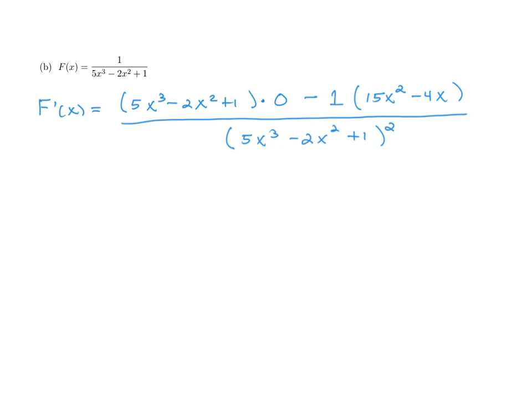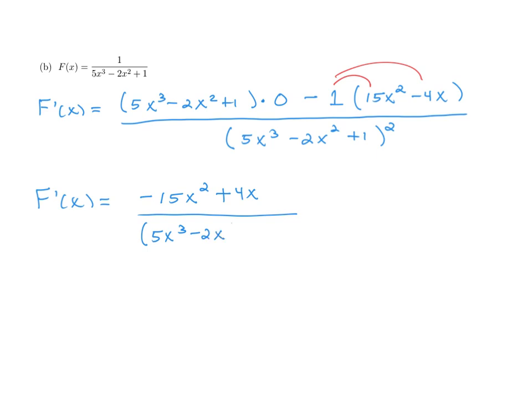But in the numerator, like I said, this whole thing is 0, and I have this negative 1 that's going to be multiplied into the parentheses, so this gets multiplied in, and my answer is f prime of x is equal to negative 15x squared plus 4x, all divided by 5x cubed minus 2x squared plus 1, all squared. You could factor an x out from the numerator, but I think this is pretty good, so I'm going to leave the answer just like this.